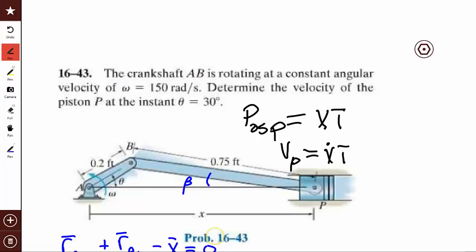Which direction? To the right. I always take right positive. So that'll be an I.